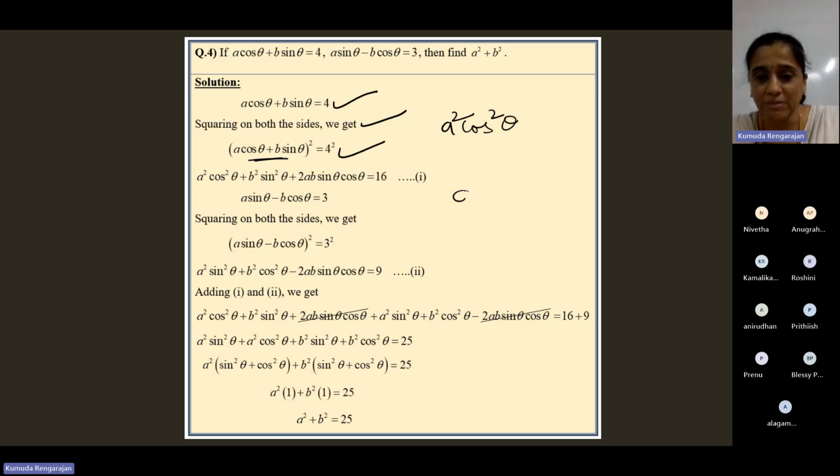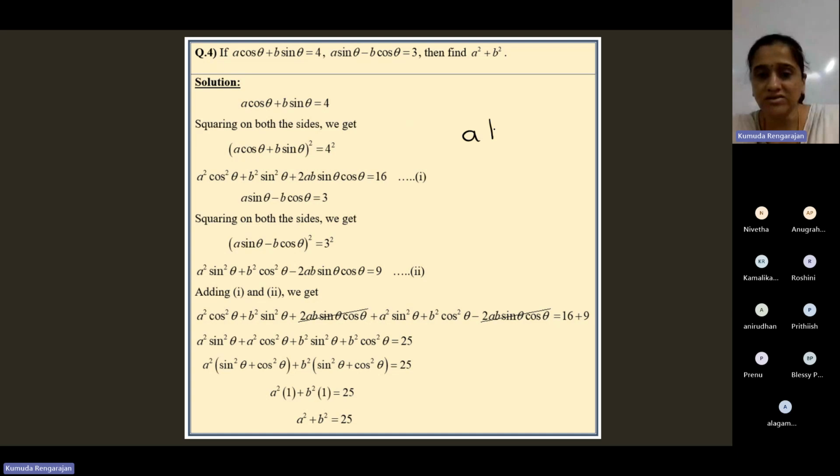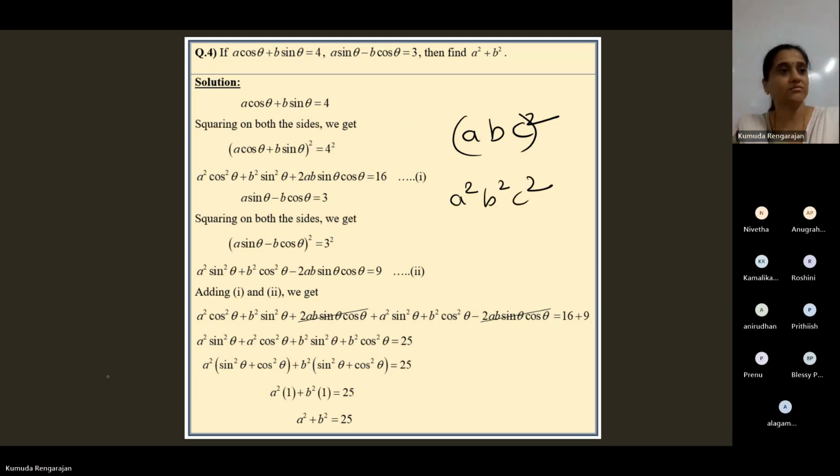If you square ABC, it is not ABC square; it is A square, B square, C square.